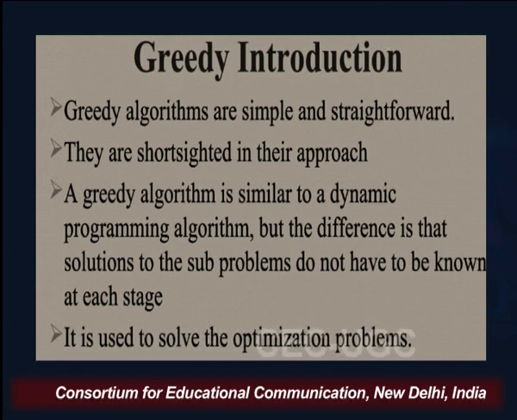A greedy algorithm is similar to a dynamic programming algorithm, but the difference is that the solutions to the subproblems do not have to be known at each stage, and because of this they are known as short sighted. Greedy is short sighted as compared to DP. DP looks into the global optimal, while greedy looks into the local optimal.